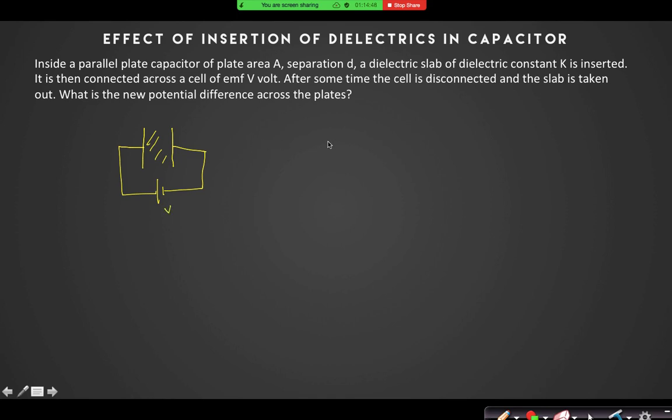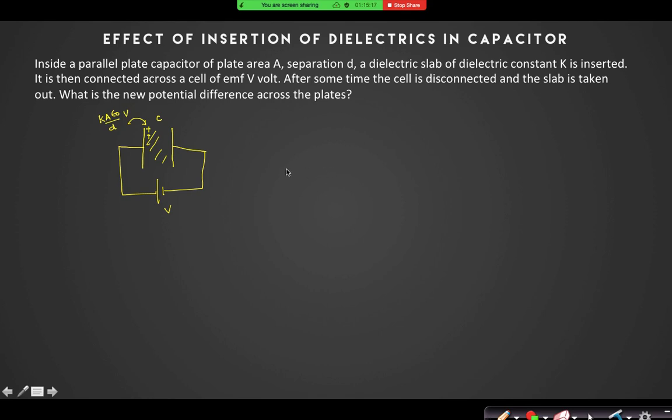So if the capacitance was C, what is the charge on the capacitor plate now? Q equal to CV. Now the C is K into A epsilon by D. Can I say that this positive charge on the capacitor plate is this one? Yes, sir.